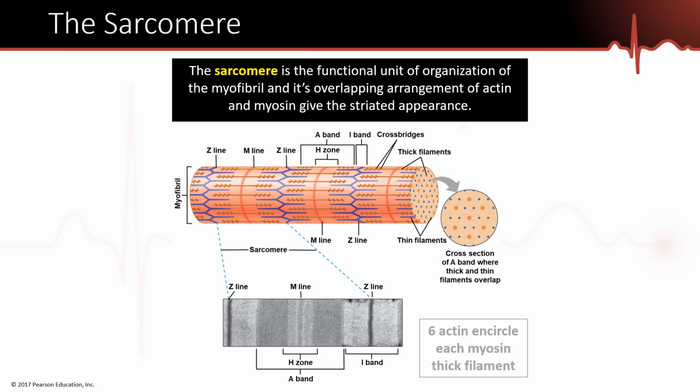If during a contraction, inside of a skeletal muscle fiber, what a contraction actually involves is the myosin heads grabbing onto actin and pulling actin towards the M line, what that's going to result in is the sarcomeres shortening. All of the sarcomeres within a myofibril during a contraction are going to shorten.